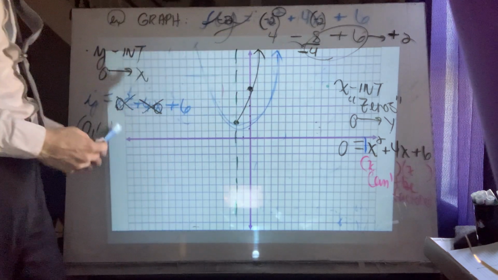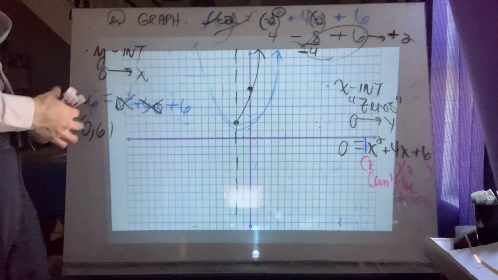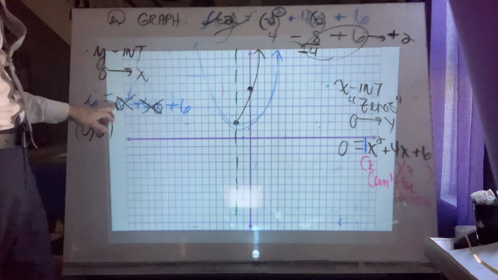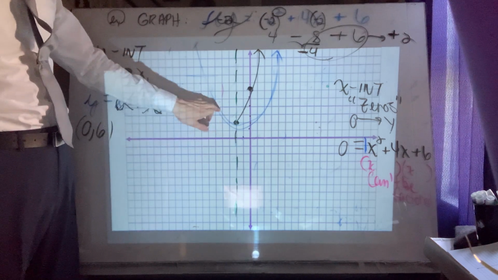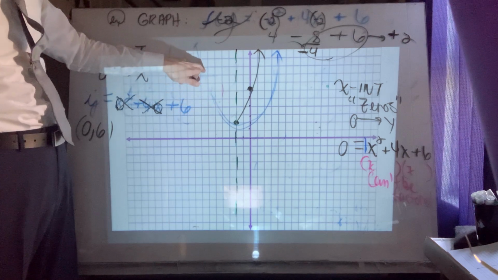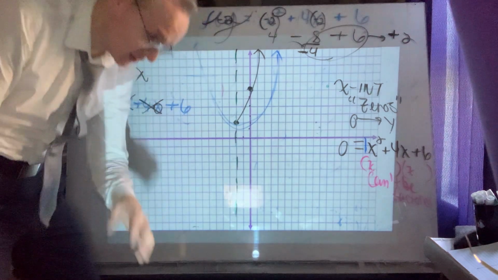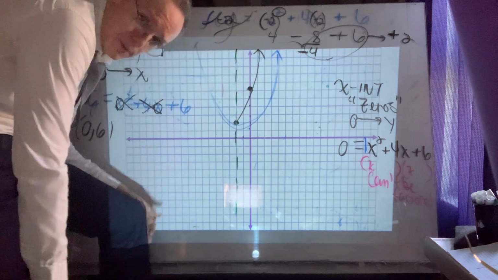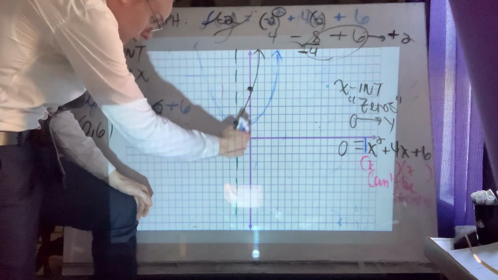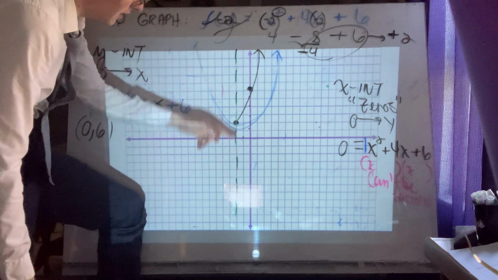Now, you could do some test coordinates, which is plugging in a different value for x, and then you could establish more points along the curve. Or, in this case, a perfect example of taking advantage of the fact that this is done on graph paper, and that you know parabolas are symmetrical, and you have the axis of symmetry.